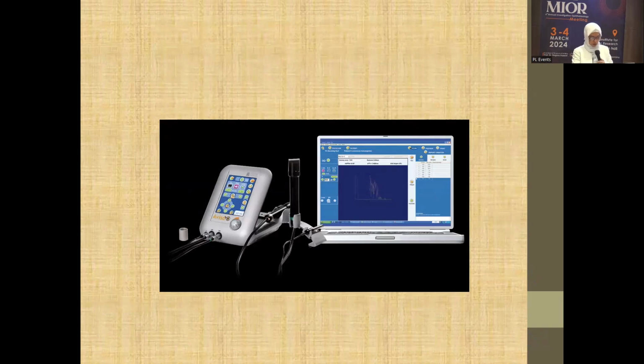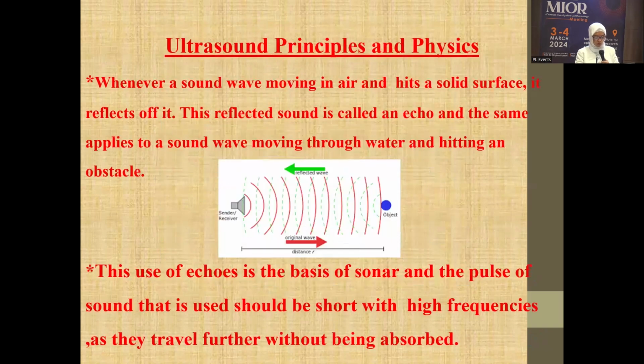This is the ultrasound instrument, and we actually have different types of ultrasound instruments. The basics of ultrasound are very important, not only to know about it, but also to know how to use the probe, how to use the arrow of the probe. So basically, when a sound wave moving in the air hits a solid surface, it reflects off it.